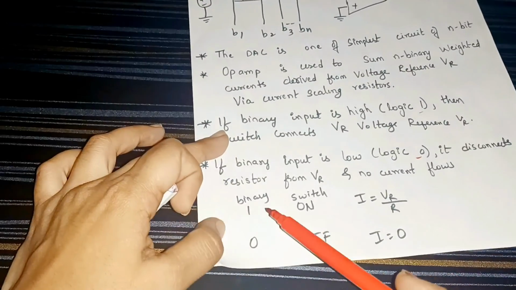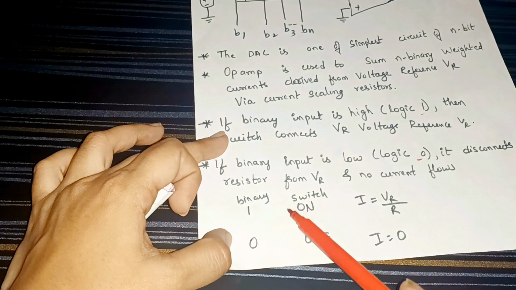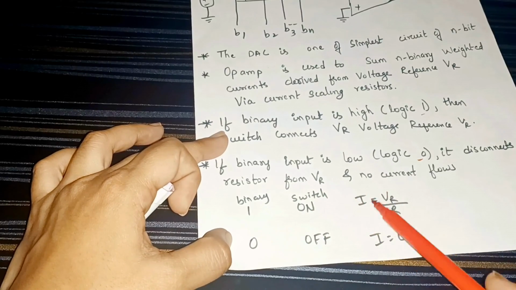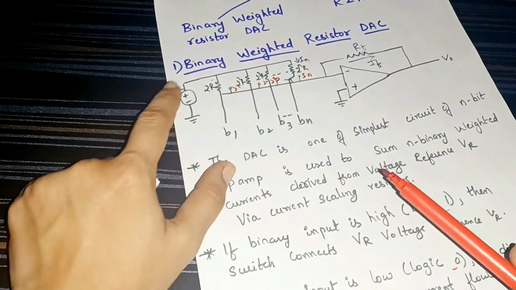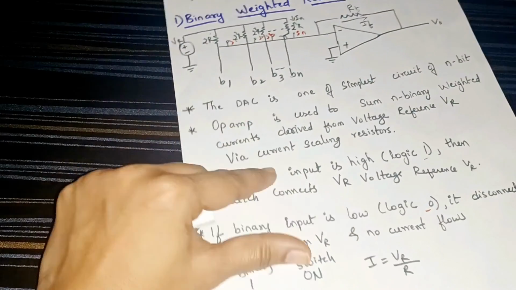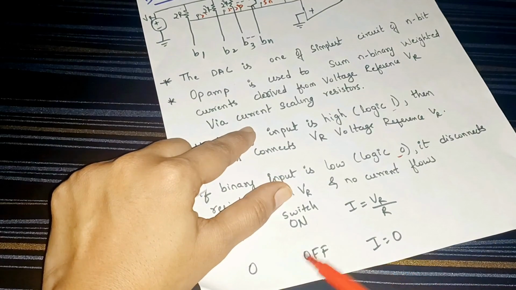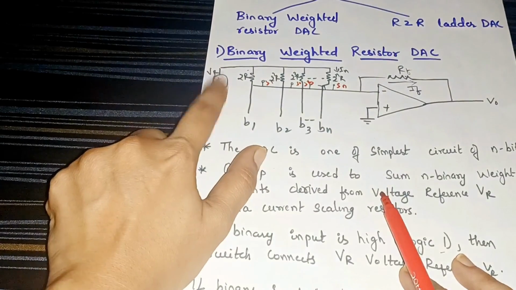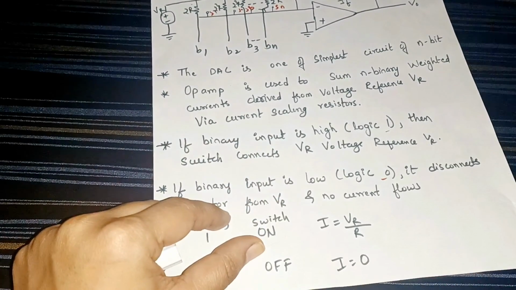When the binary digit is 1, the switch is on and the current flowing is the voltage reference divided by the resistor. If the binary digit is 0, the switch is off, so no current flows, that is 0, ideally.